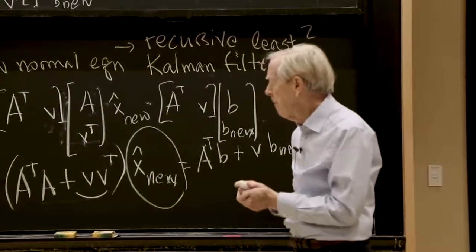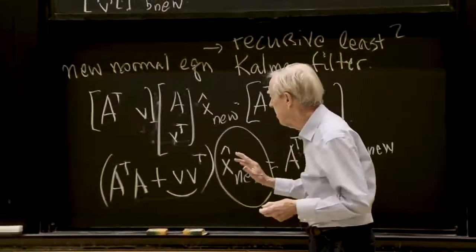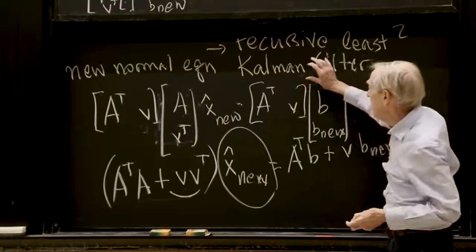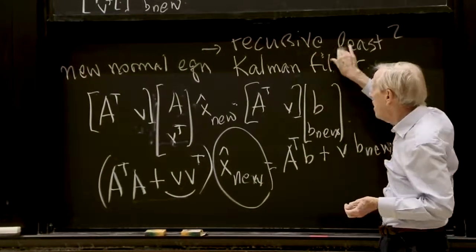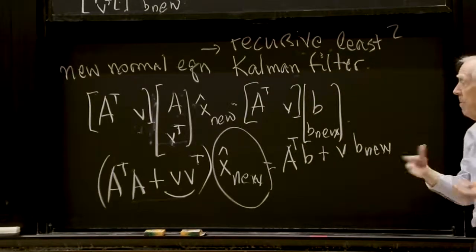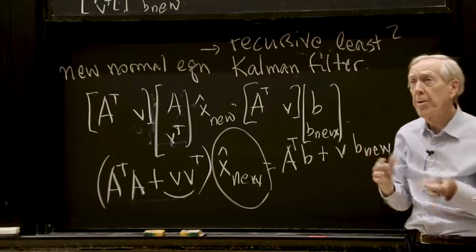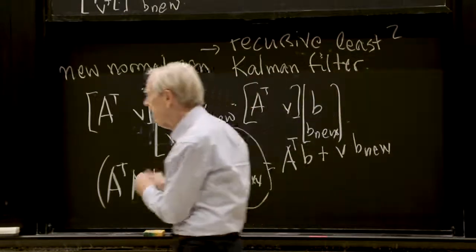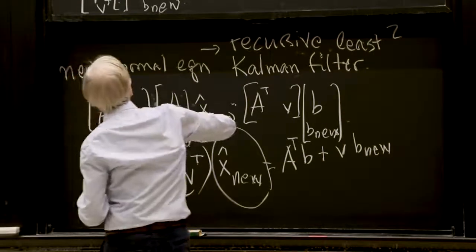Okay. So maybe those minutes that I've occupied were just to get you to hear that name for the simplest update and Kalman's name for a more general update. Okay, done. Oh, this is also to be done.